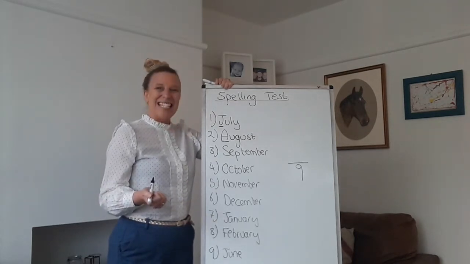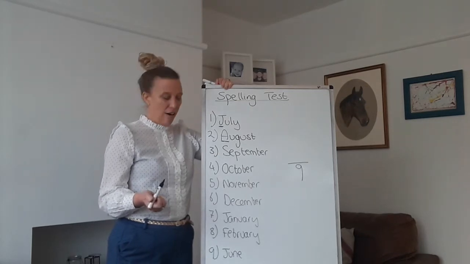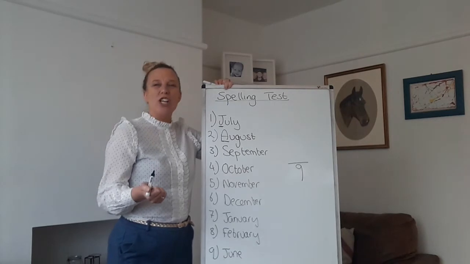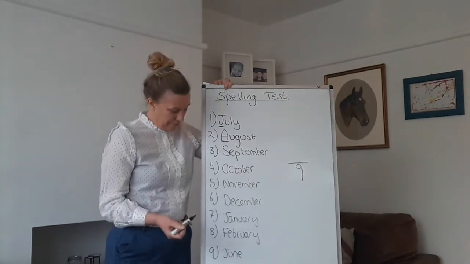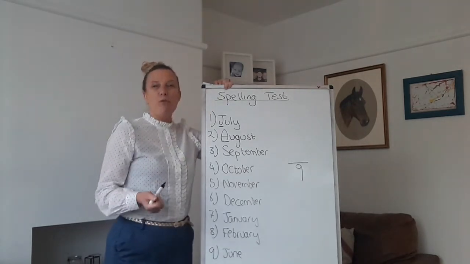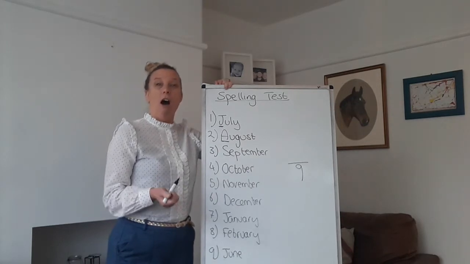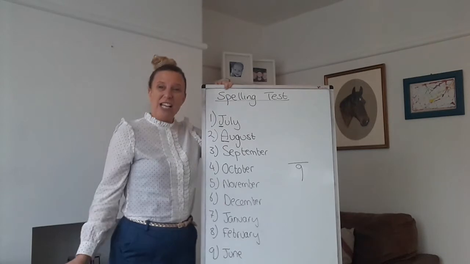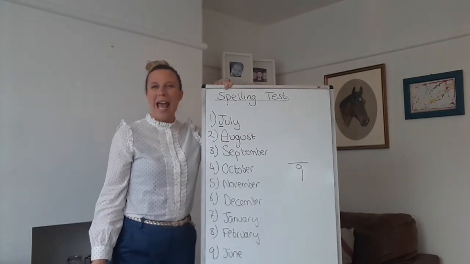Number 6, December, D-E-C-E-M-B-E-R. Number 7, January, J-A-N-U-A-R-Y. Number 8, February, F-E-B-R-U-A-R-Y. Very difficult, that one. And number 9, June, J-U-N-E.